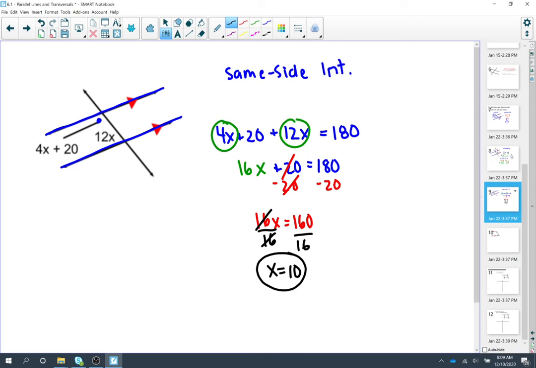Then if we substitute these back in, let's see. 4 times 10 plus 20 is 40, 50, 60 degrees. Then if I take 12 times 10, that's 120 degrees. And if you add 60 plus 120, you get 180, which is what we wanted anyway.